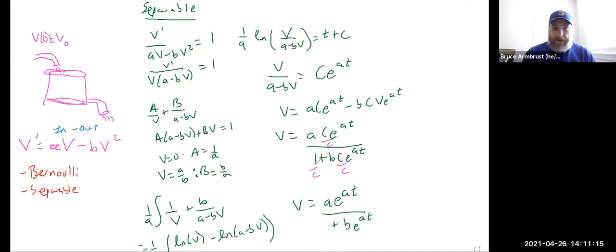But since that C was an arbitrary constant, 1 over C is also an arbitrary constant. So in essence, what you do is you go from having that arbitrary constant show up in 2 places, to having it just in 1.